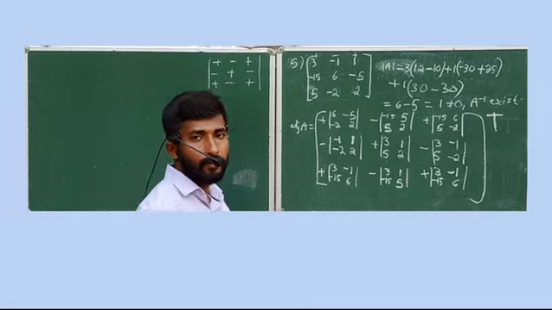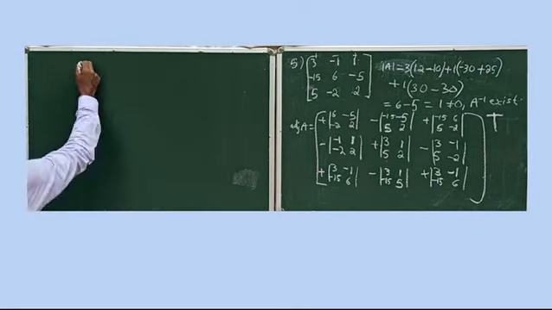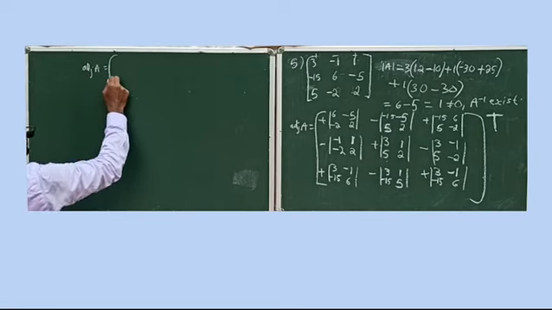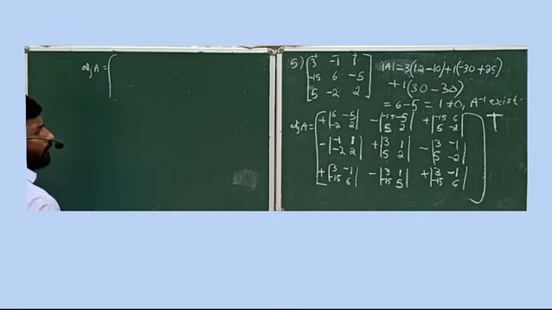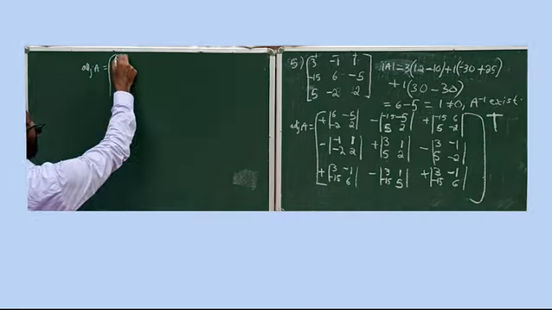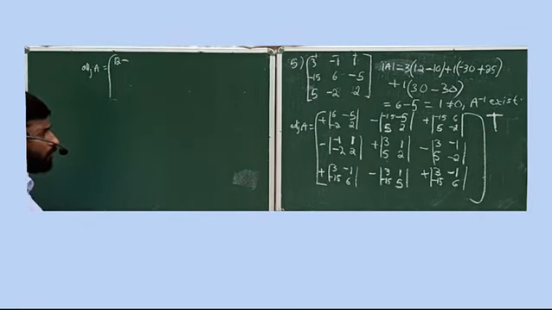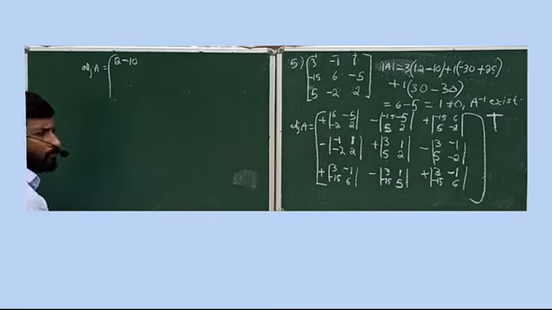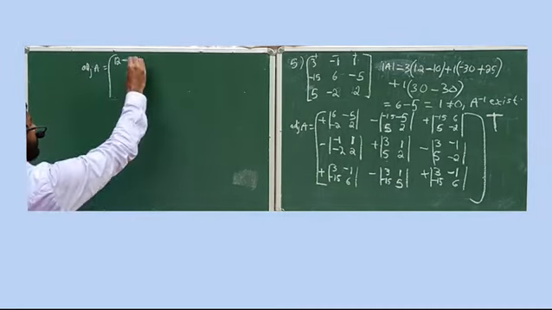Now simplify the terms inside the square bracket. Adjoint A is equal to, see the first entry, 6 twos are 12, minus this minus 5 formula, 2 fives are 10. Because minus 2 into minus 5 we will get plus 10.